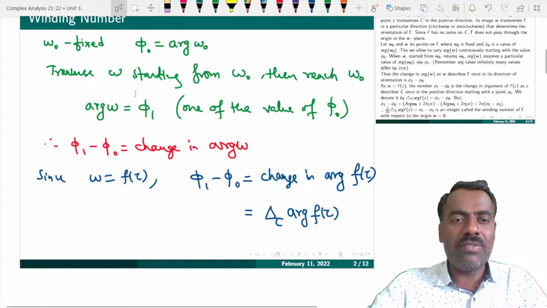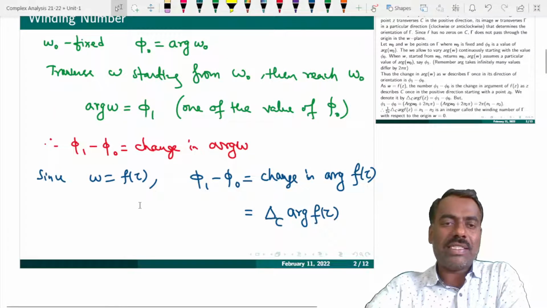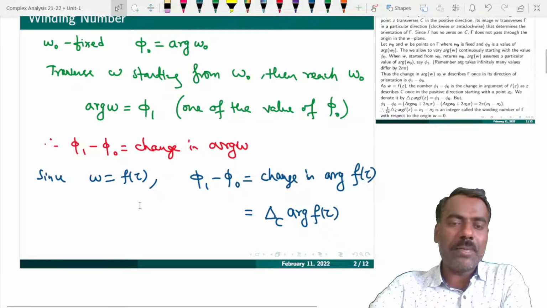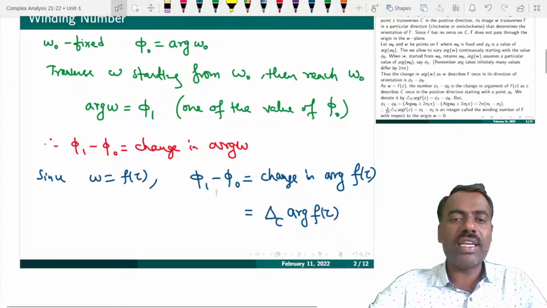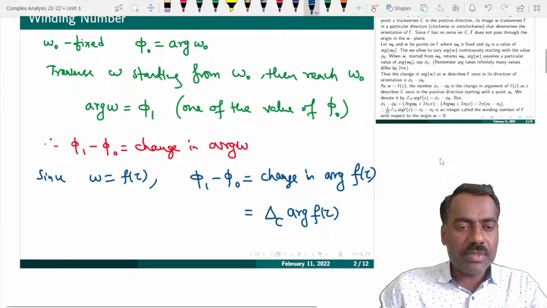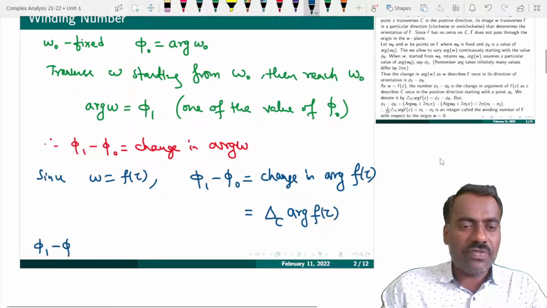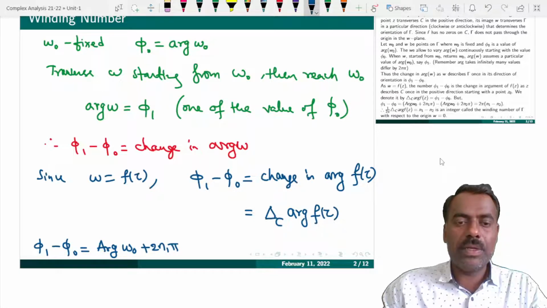But because phi 1 and phi naught are arguments, that means each is like some angle theta plus 2n pi. Their difference, we can check that it is an integer. How can we see that? Phi 1 is the principal argument of this W naught, that is our vector where we started, plus say 2 n1 pi.